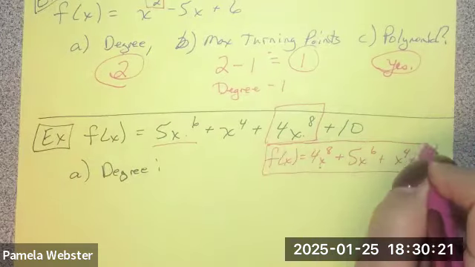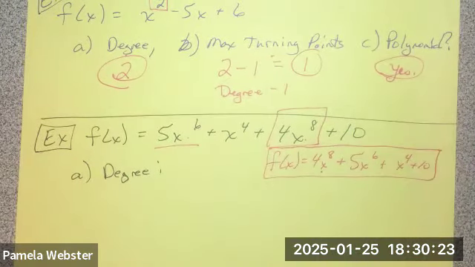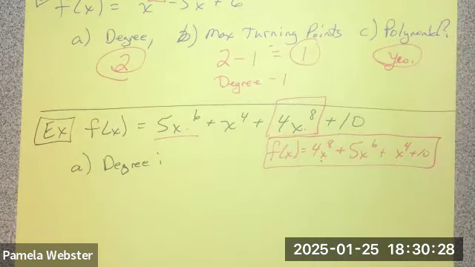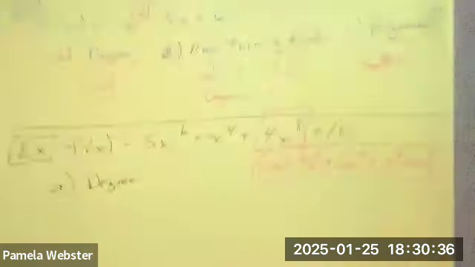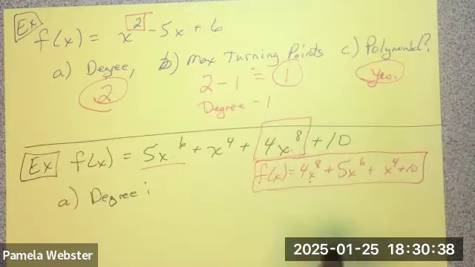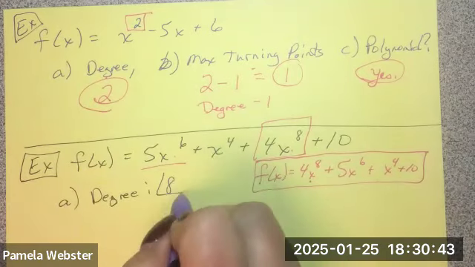So if you don't like the way this one looks, rearrange it first. That's fine. Okay. You're going to see that sometimes they do that in the homework, and it's just to see if you're paying attention, basically. So with this guy rearranged, what's the degree? I think it's an 8.